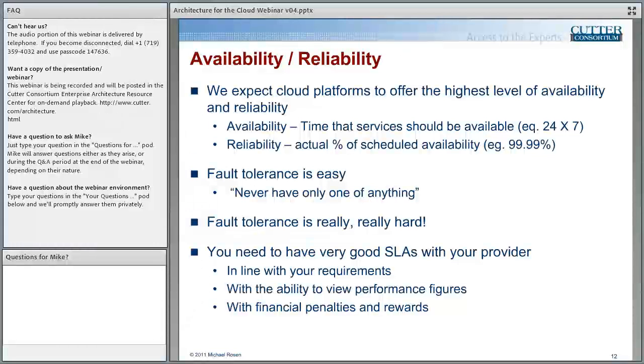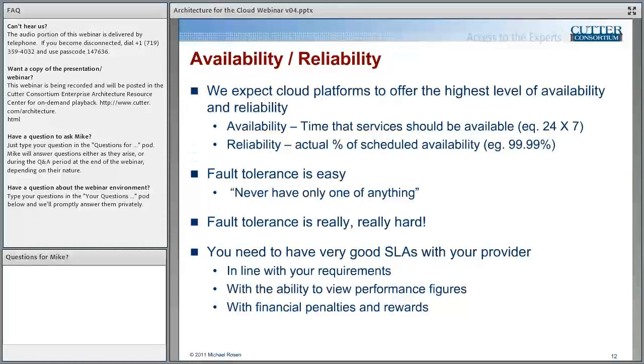So what do we expect the cloud platform to provide us in terms of availability and reliability? Often we use those terms, so just to clarify, availability is the time that a service should be available. So we say 24/7, it should be available all the time. Reliability is the actual amount of the available time that it is available.